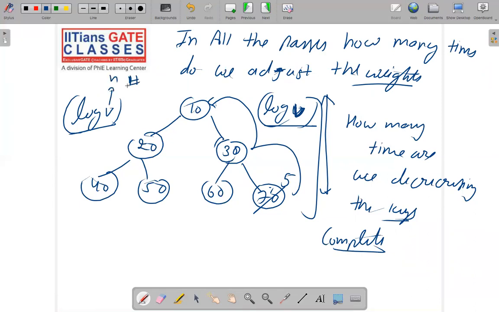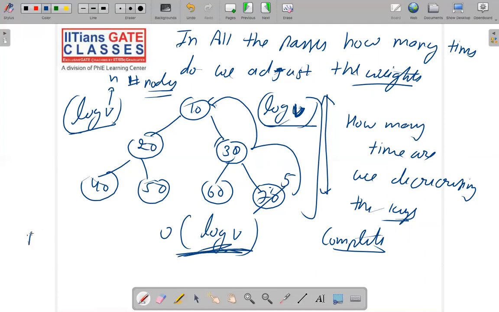Here V is the number of nodes. So if we decrease a key, what is the worst time we will take? We will take log V. This is the worst time we can take to decrease a single key. But how many keys can we decrease?